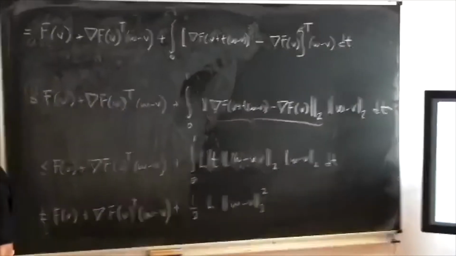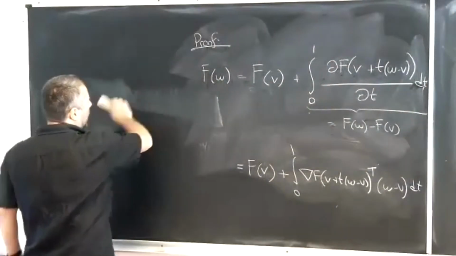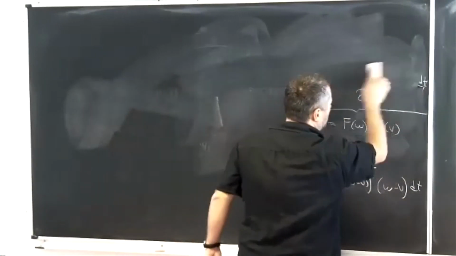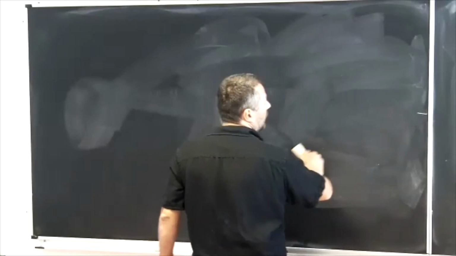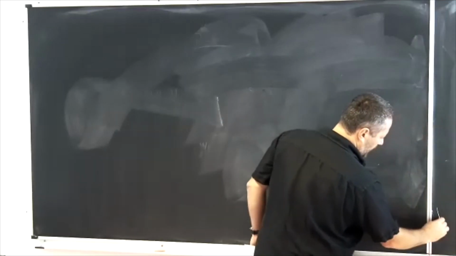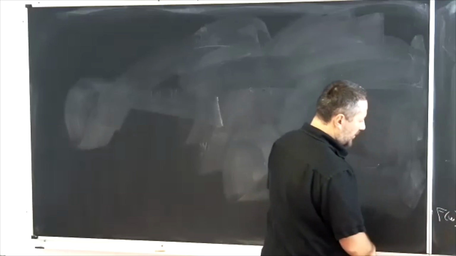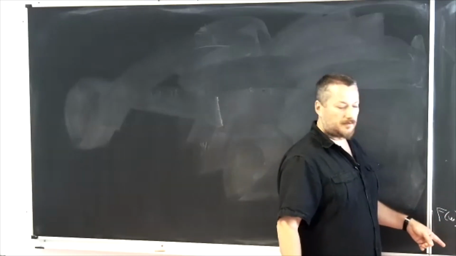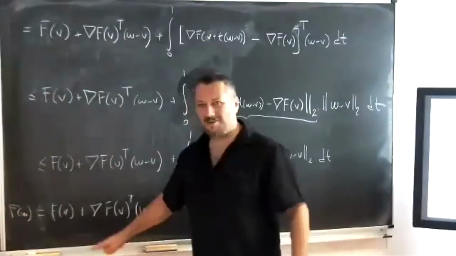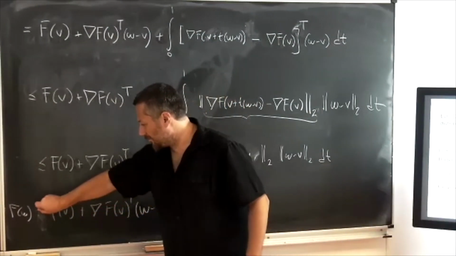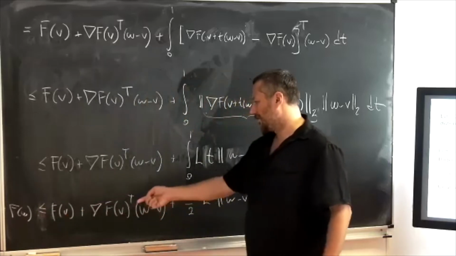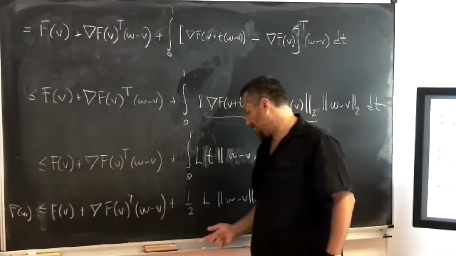Let's prove this and then talk about it a little bit. The proof will be very quick. This was our previous proposition: for any ω and v, f(ω) is smaller than or equal to f(v) plus this plus this.